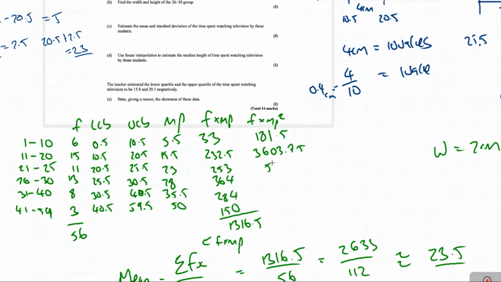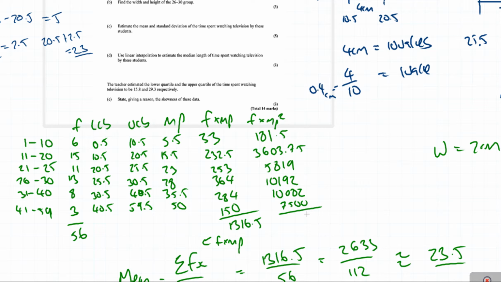So 5819, 13 times 28 squared is equal to 10192. 8 times 35.5 squared is 10082, and 3 times 50 squared is 7500.